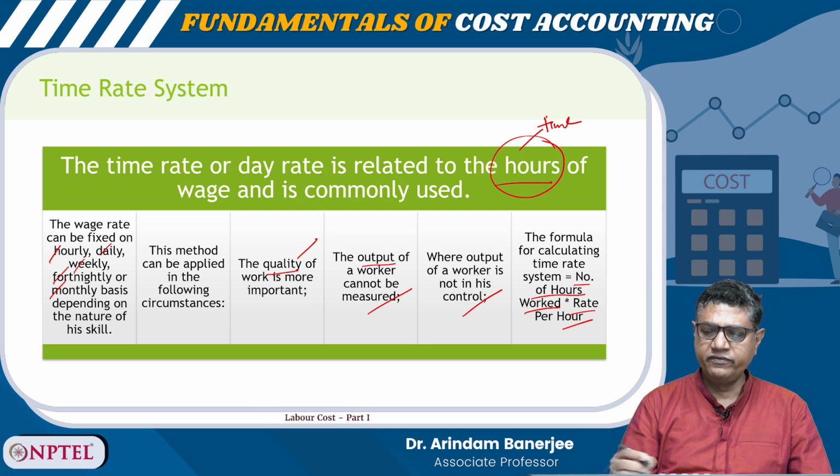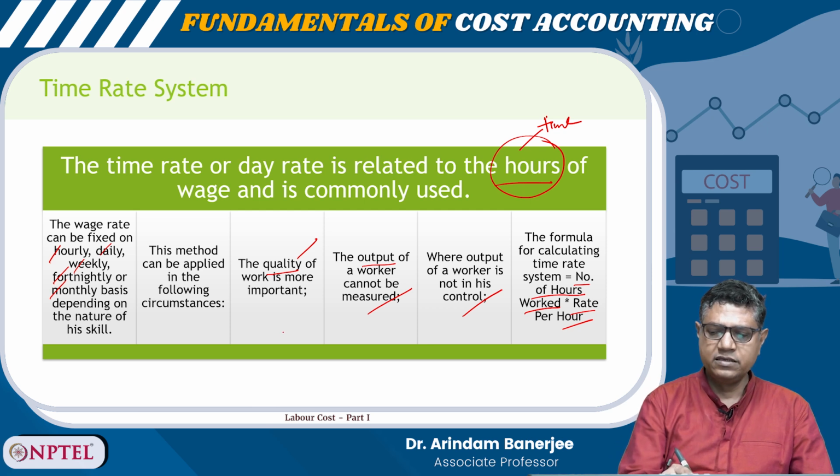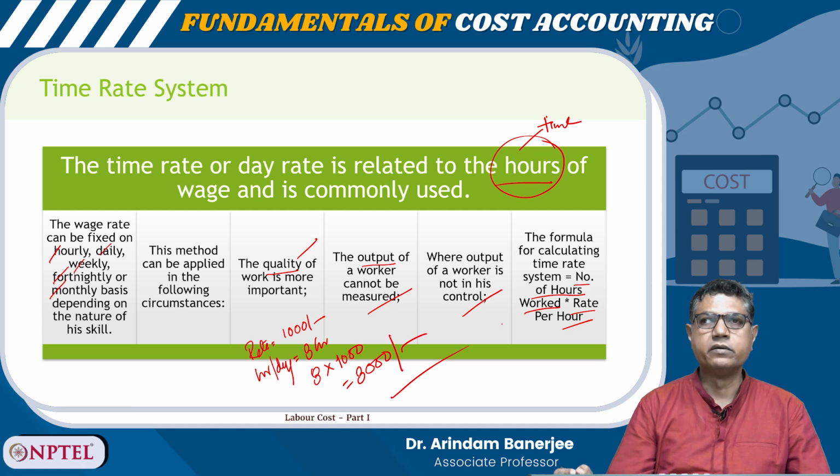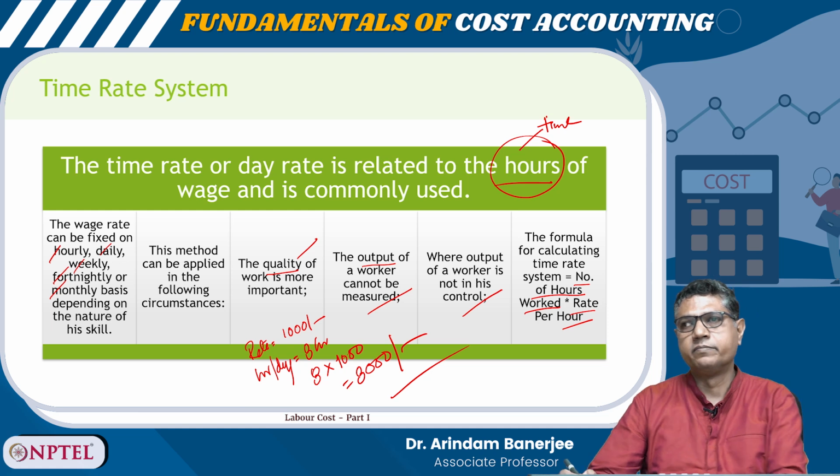Like for example, if the hourly rate is 1000 rupees, and the number of hours per day is 8 hours, the total remuneration will be 8 into 1000 is equal to 8000. So, this we can pay. So, this is the time rate system.